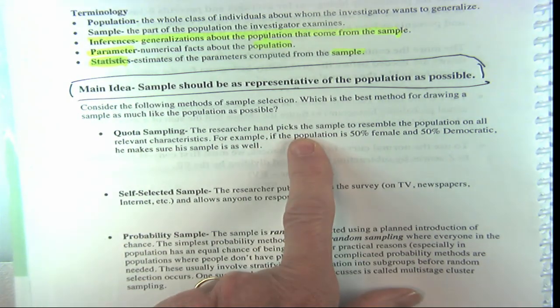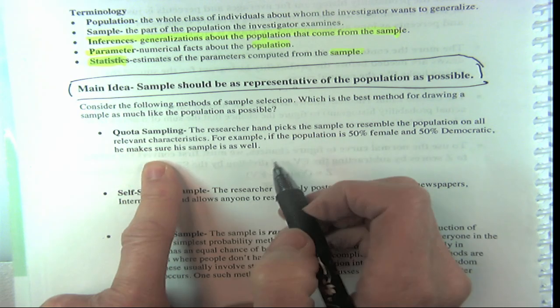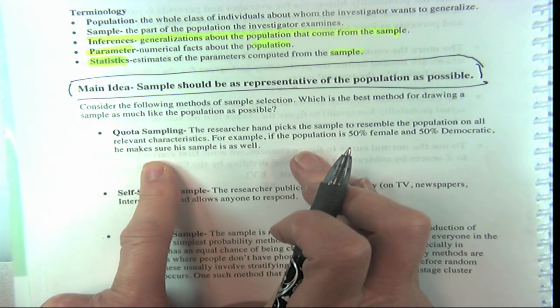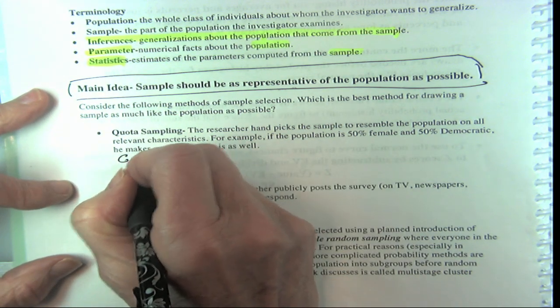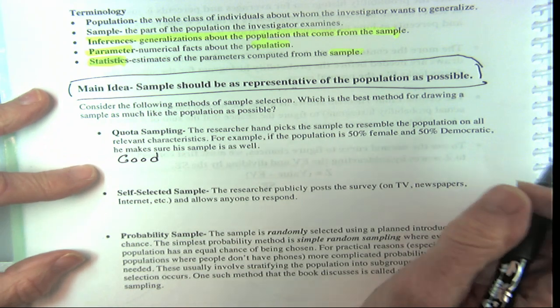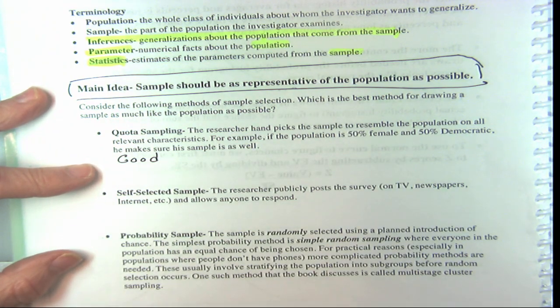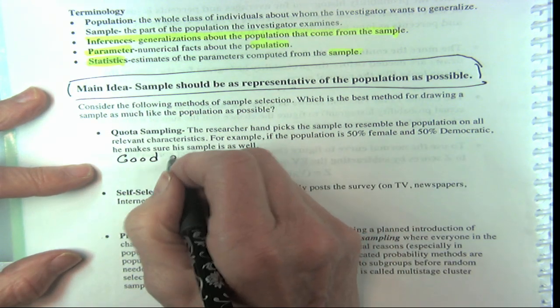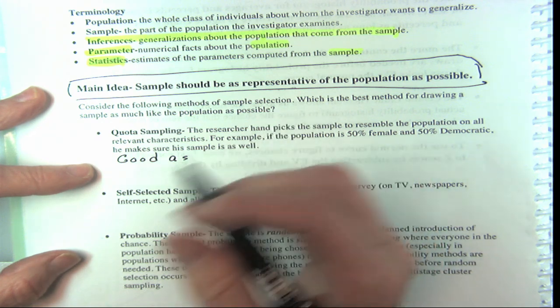The researcher handpicks the sample to resemble the population on all the relevant characteristics. That seems great to do, but it's good as a first step only because, as we saw before in our experimental design, when trying to match the treatment and control group, you want the final step to include a randomization process.